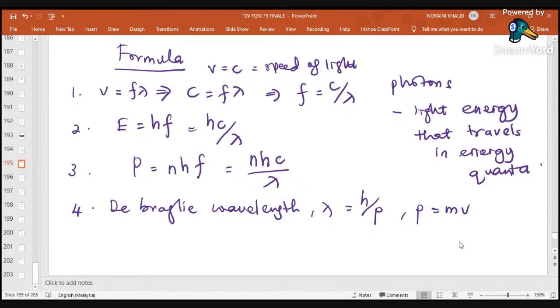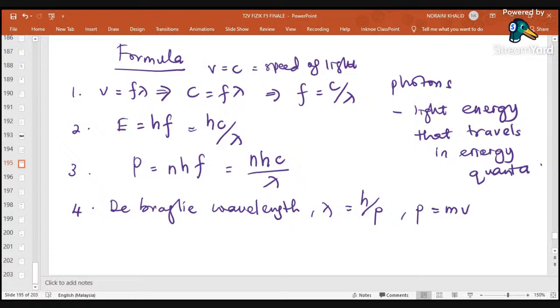Okay, when an electron travels at a certain speed, it has momentum, same as a photon. Electron of course is a particle, but how can a photon also show the properties of a particle? Because it also possesses momentum and kinetic energy. That shows that a photon has wave particle duality.